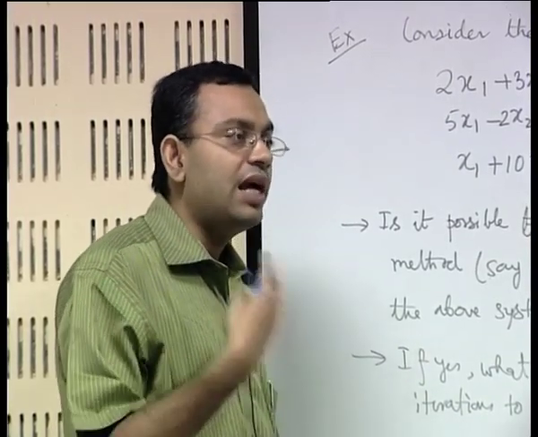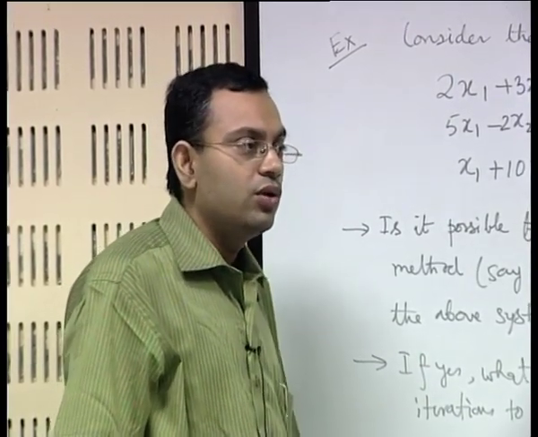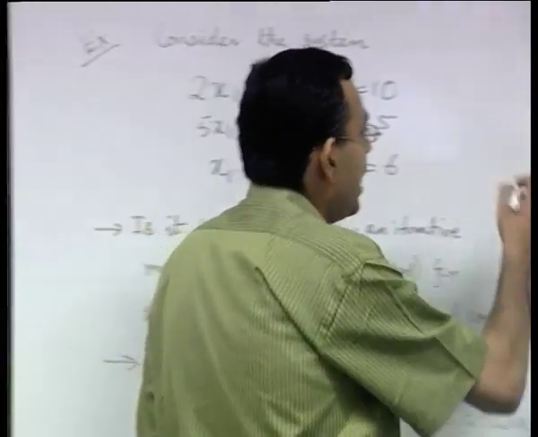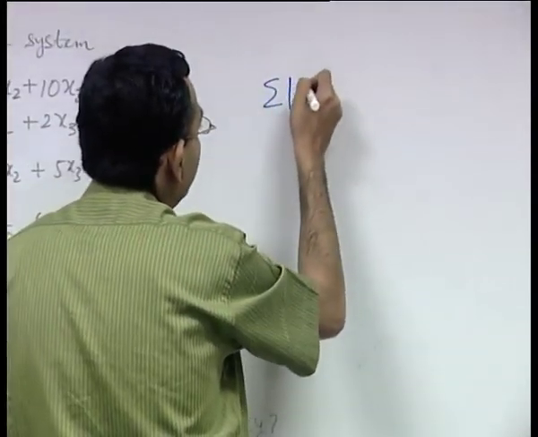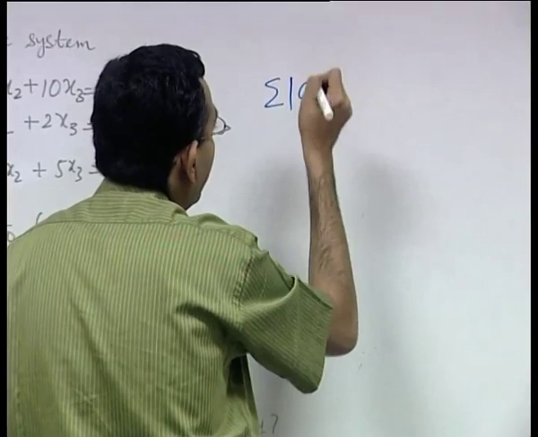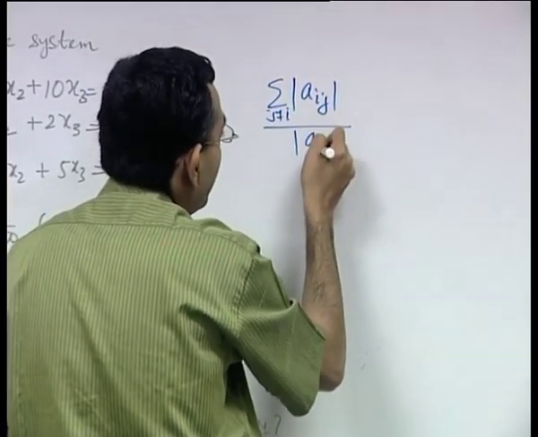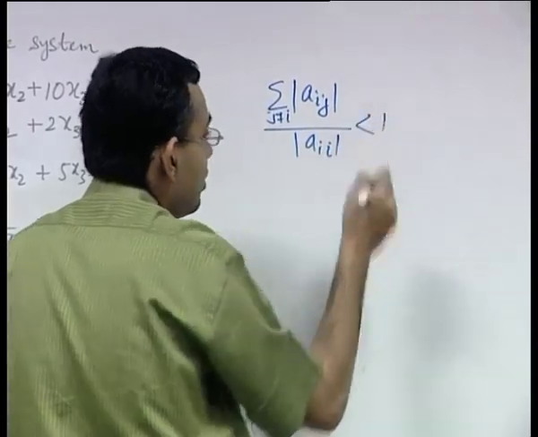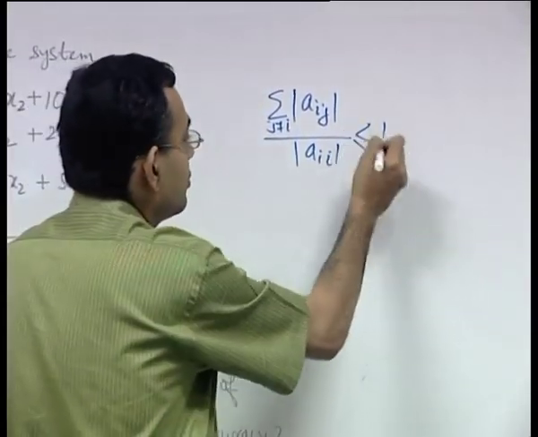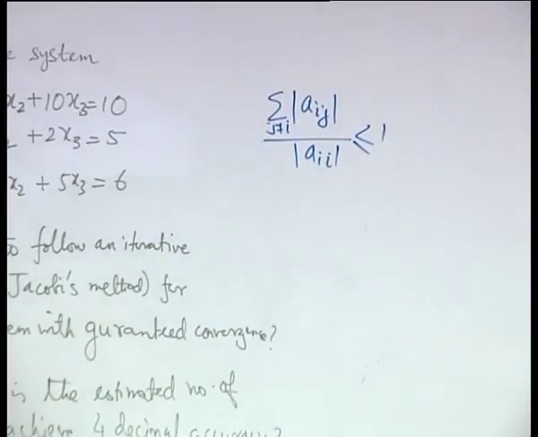If we take a row sum norm, what we expect is that the summation of the modulus of aij, where j is not equal to i, divided by aii, is less than or equal to 1. Of course, less than 1 for at least one equation, but in general less than or equal to 1. Now, what does it mean?